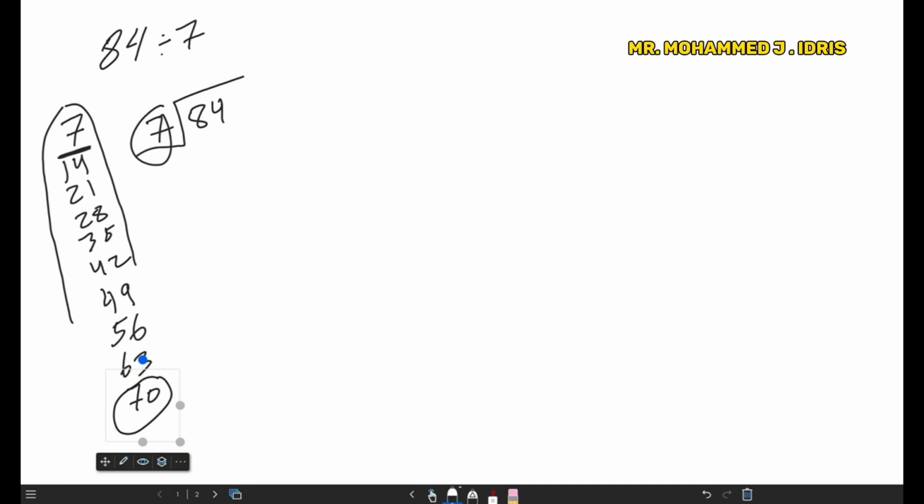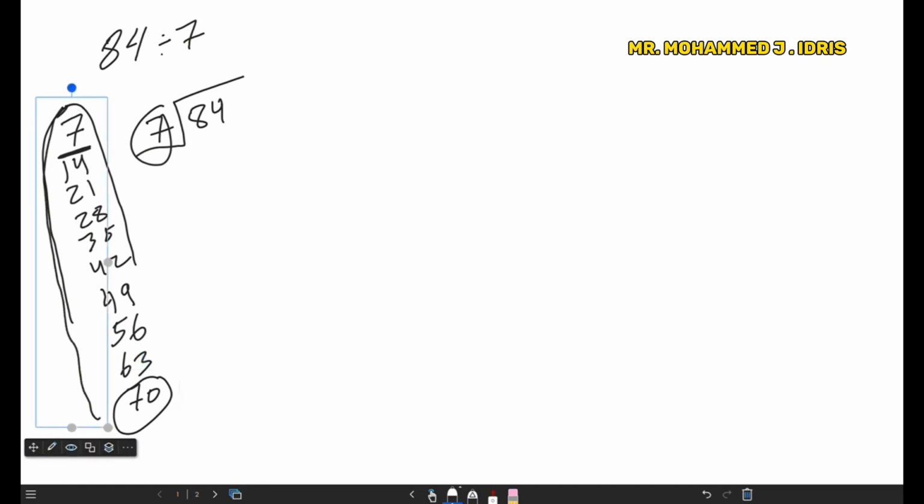When a number comes between two multiples, I'll take the closest multiple that is less than that number. I can choose 7 or 14, but 14 is greater than 8, so I'm going to go with 7.